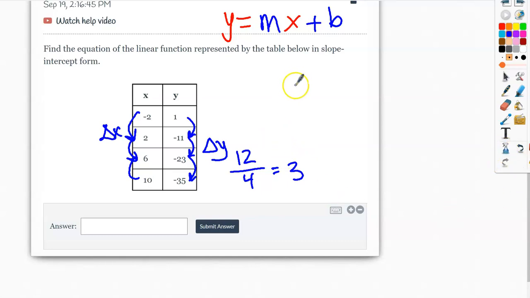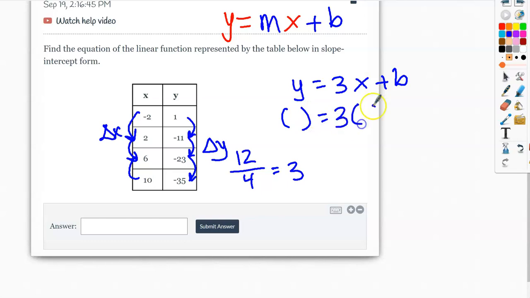And then when I erase and replace, y equals 3x plus b, fill in my x's and y's with the number of my choice. Oh, this is slightly different. Last time, okay, the x is 2 and the y is negative 11. That's tricky.